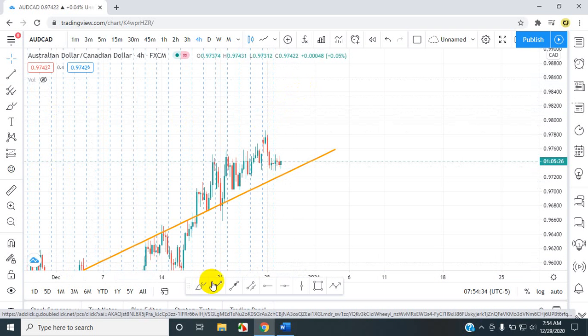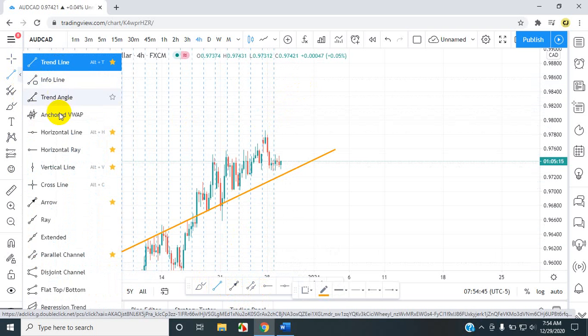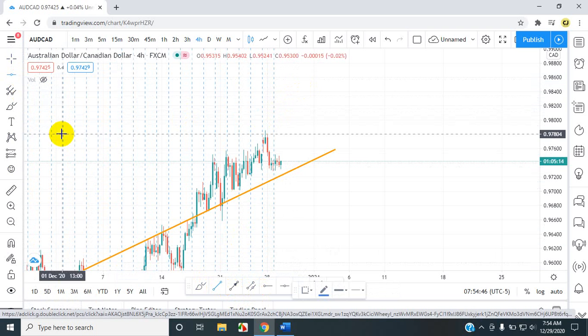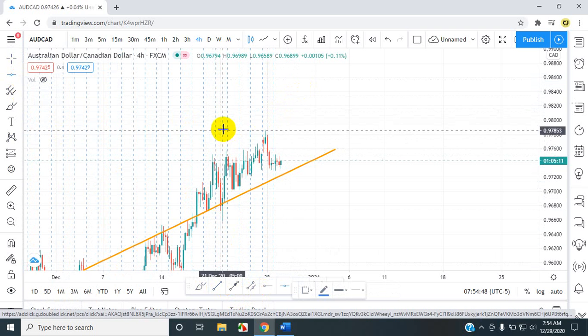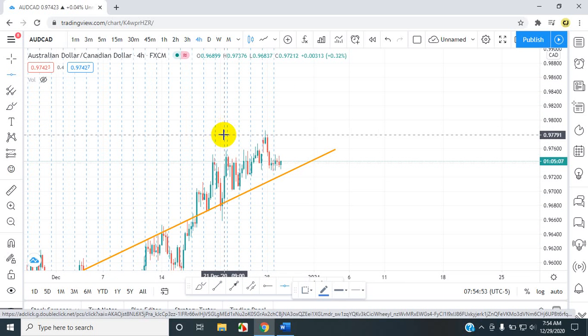So we're gonna look for that. Normally we use rays, but this time we're gonna grab our SR line. Let's grab our horizontal line, I meant to say. We're looking for price to break above this wick, or let's say above the bodies of these candles right here.